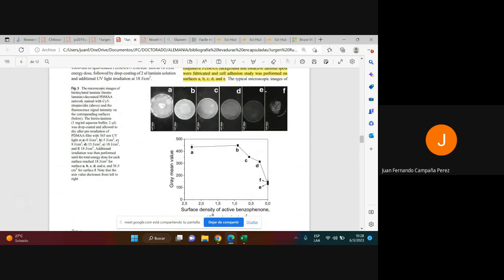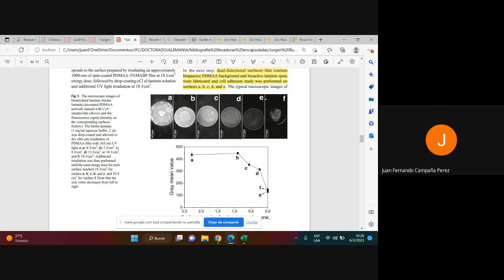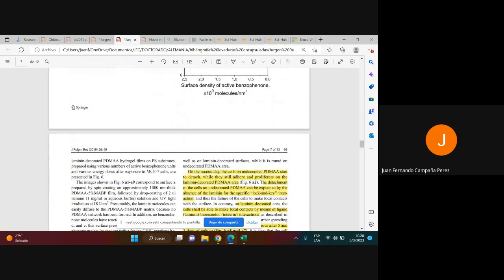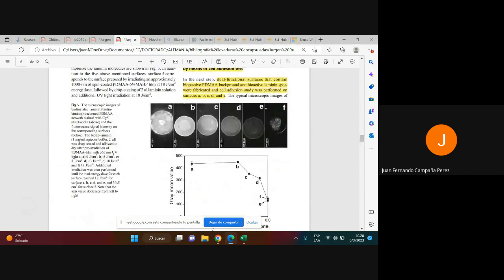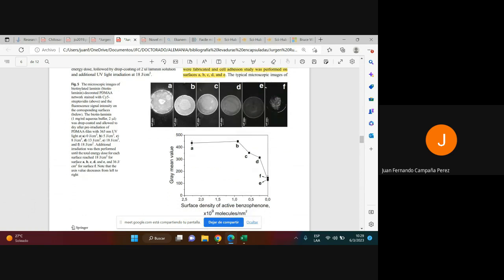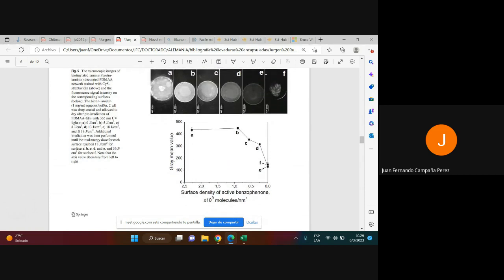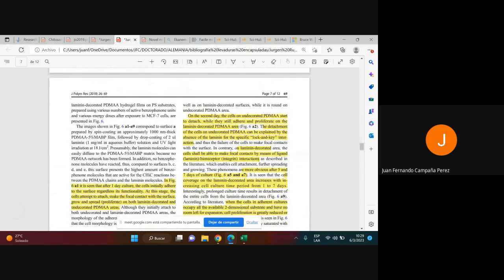And they conclude that, as we can see in image F, the irradiation was too high, and it produced a decrease in the proliferation of the cells on the surface.